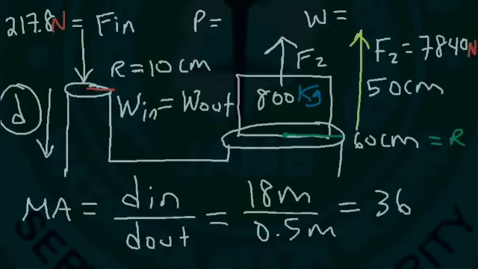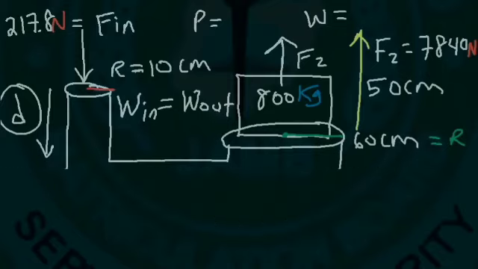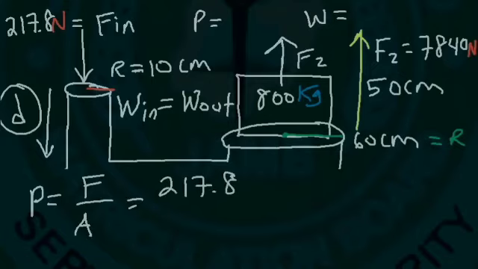Now the last thing we need to do is calculate the pressure exerted on the cylinder on the left side. So pressure is force divided by area. The force exerted on the left is 217.8 newtons. And the area is the area of a circle, which is pi r squared. 10 centimeters is 0.1 meters.